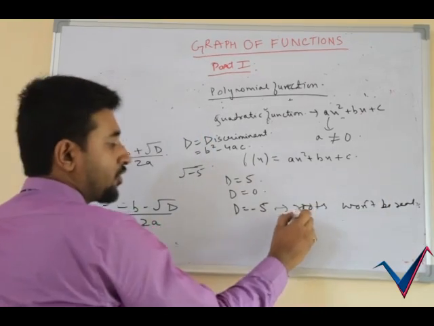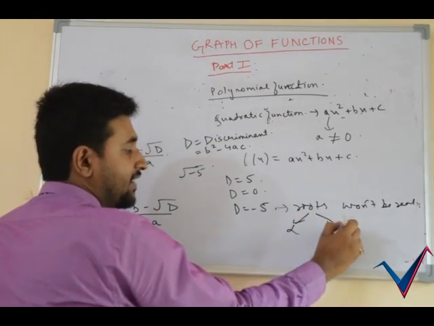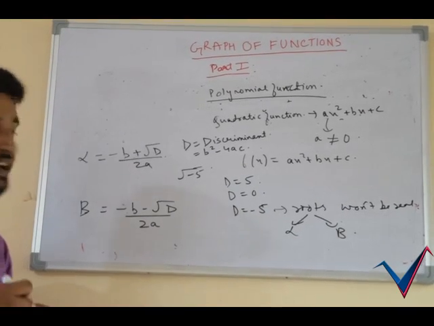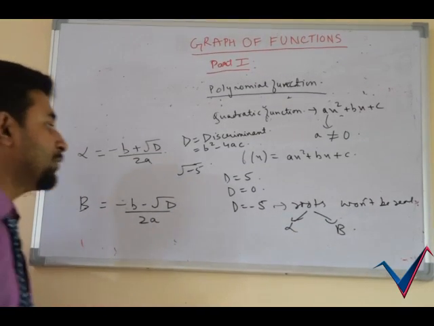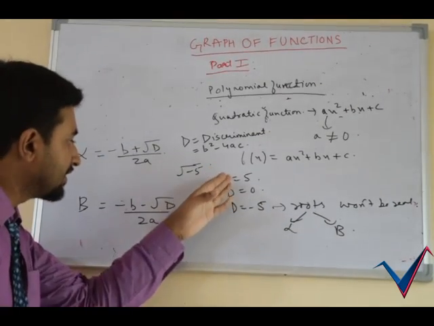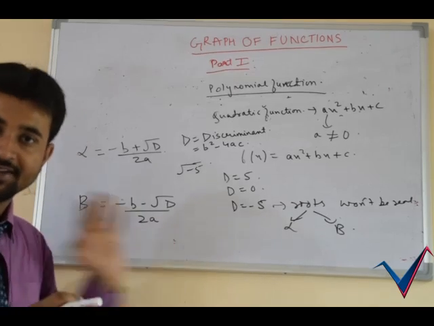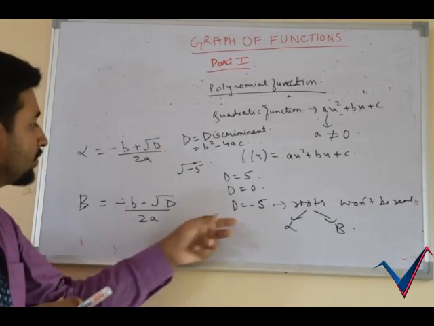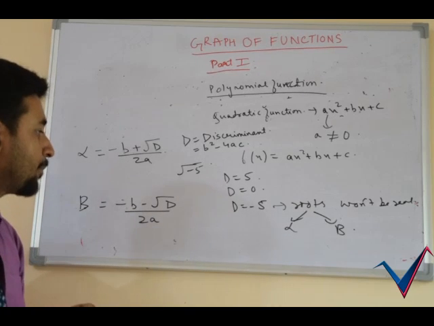So while plotting the graph, you need to look at the sign of d, whether it's positive, negative, or 0. Now we will see how to plot the graph for it.